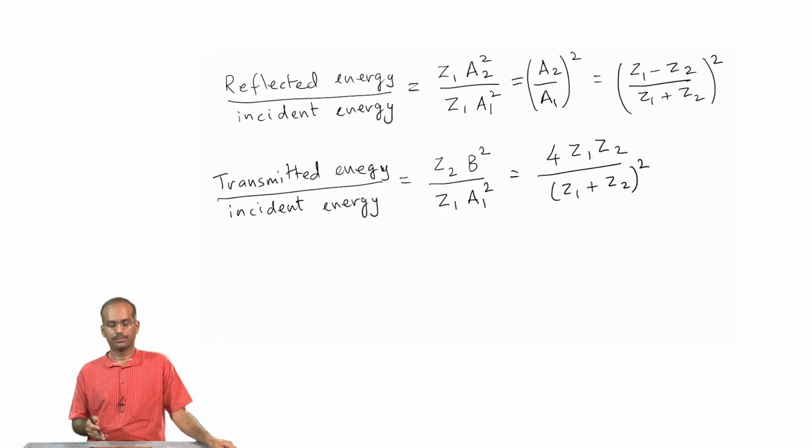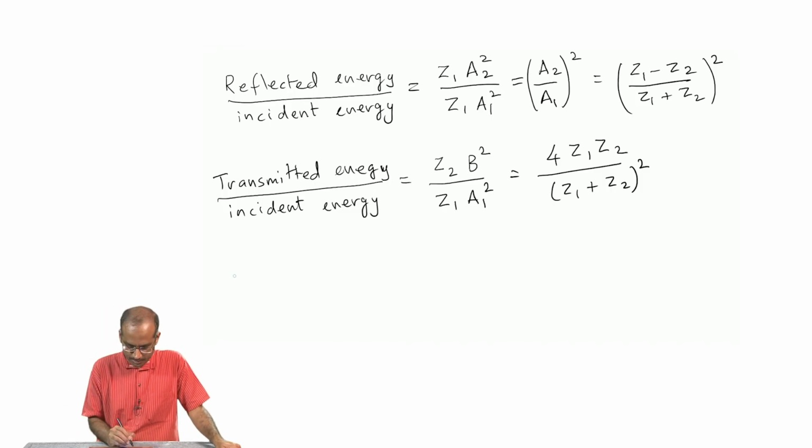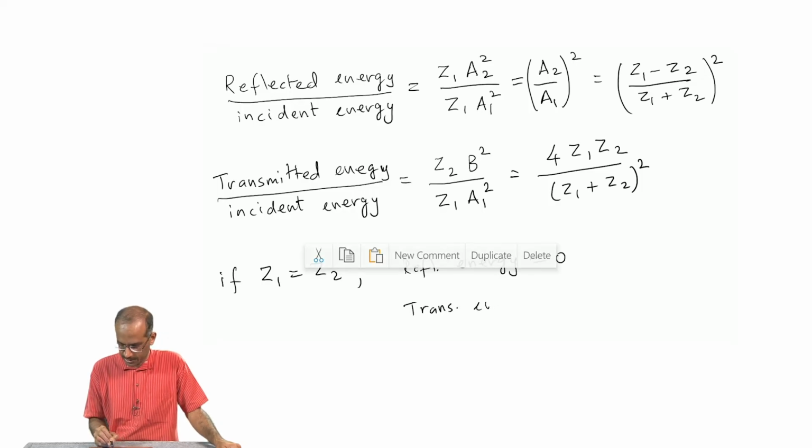In that case, this term would be 1, because in the denominator we will have 2 Z1 whole square, and that will cancel with 4 Z1 whole square in the numerator. So, if Z1 is equal to Z2, we will get that the fraction of reflected energy would be 0, and the fraction of transmitted energy would be 1.